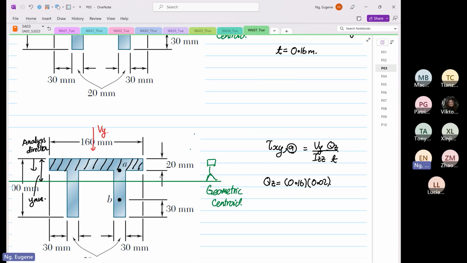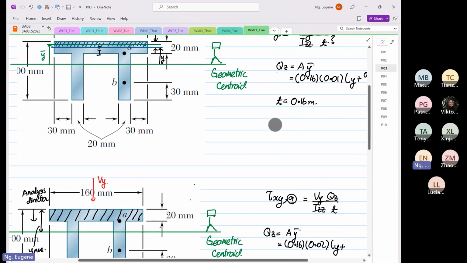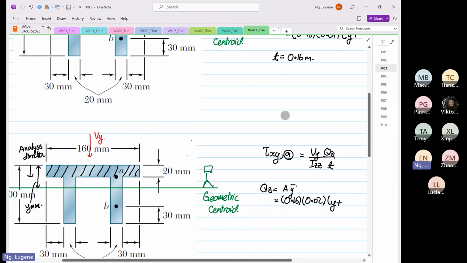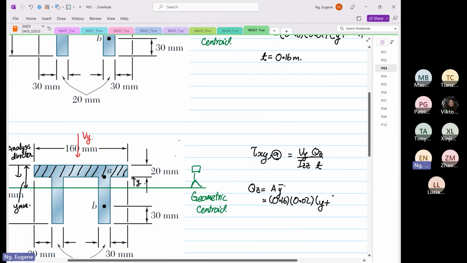The Y bar is Y, the distance from here to here, plus 0.02 divided by 2.